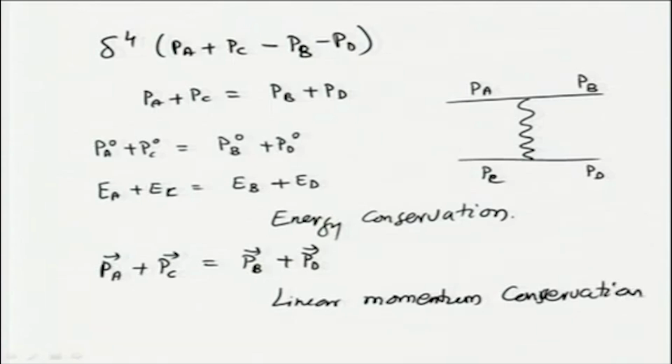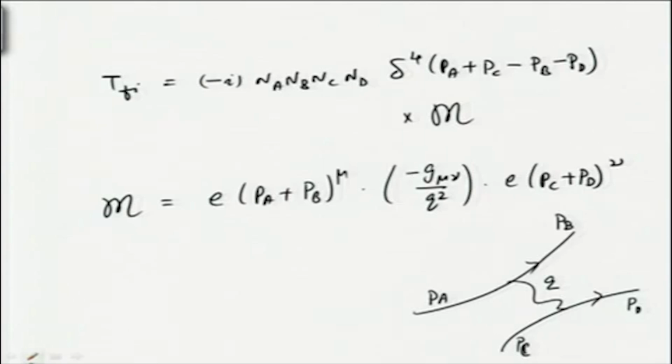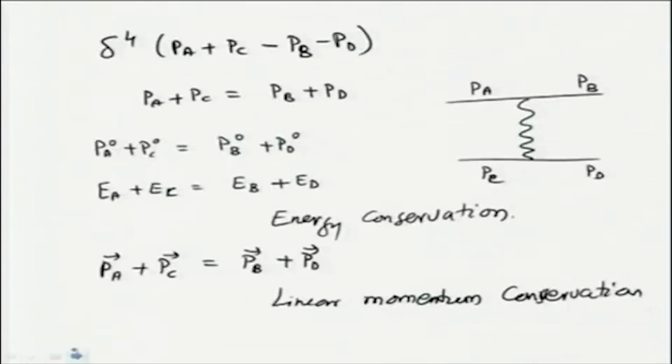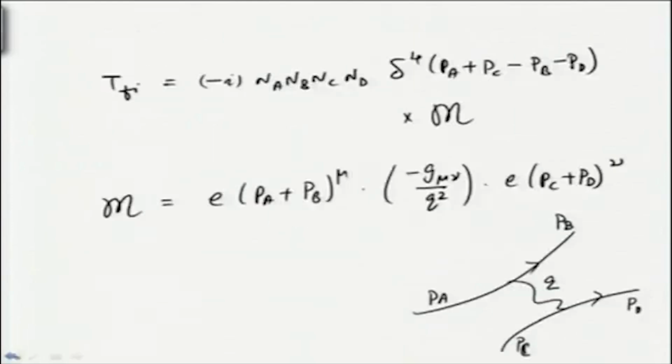So, the delta function makes sure that the sum of the initial energies is equal to the sum of the final energies, energy is conserved, and similarly the linear momentum is conserved. And that only talks about the kinematics, the energy-momentum conservation part.